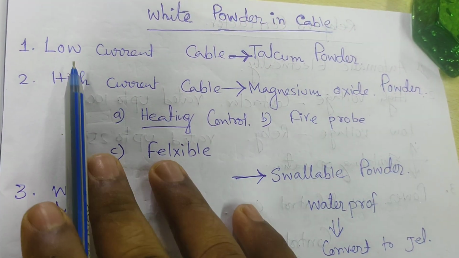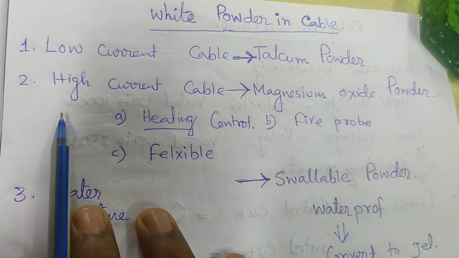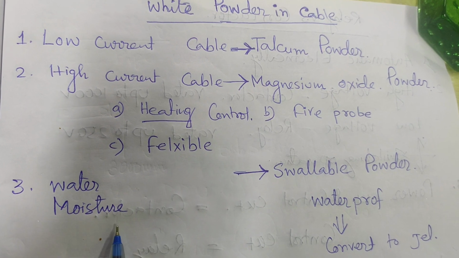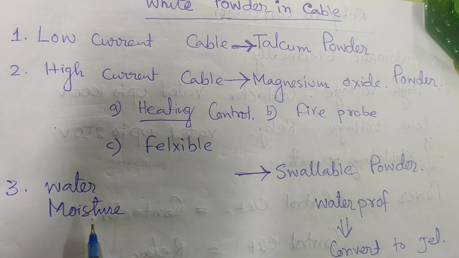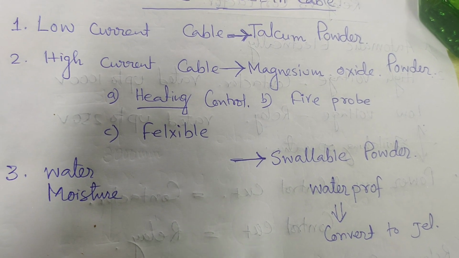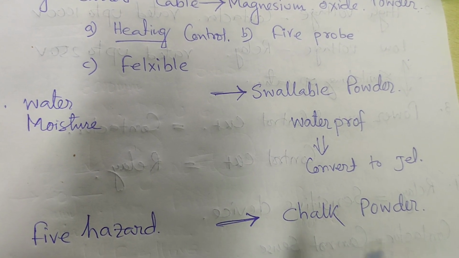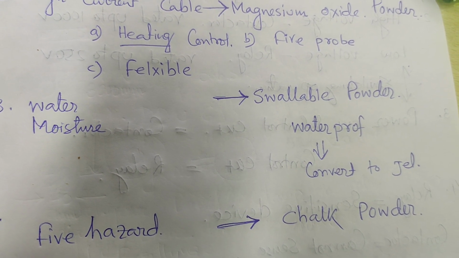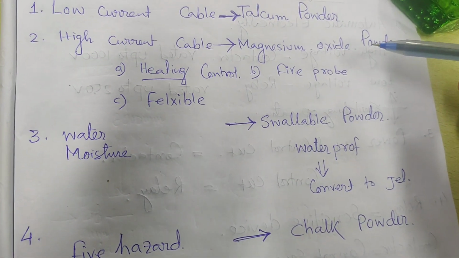Talcum powder is for the low current cable, magnesium oxide powder for the high current cable, soluble powder is used where water and moisture are present, and chalk powder is used where fire hazards may be there. So friend, today's discussing topic is very important.